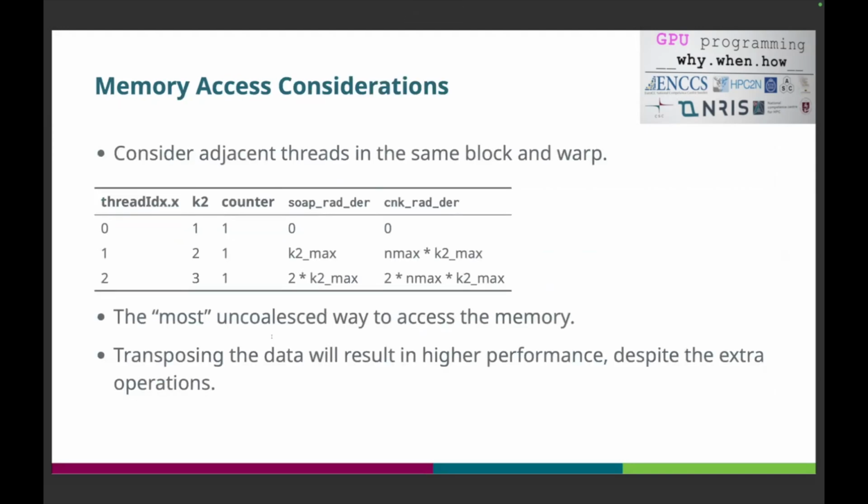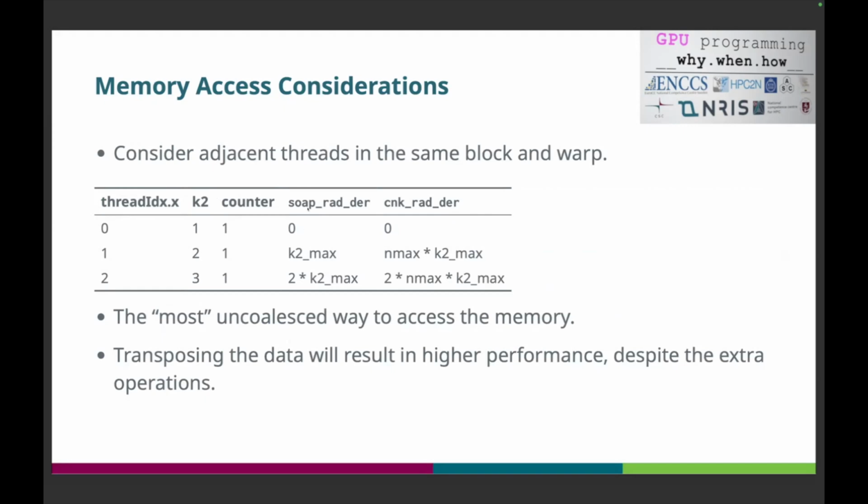If we have three threads with some value of K2, and let's say all of them reach a point where the counter is 1, and here I put the index.